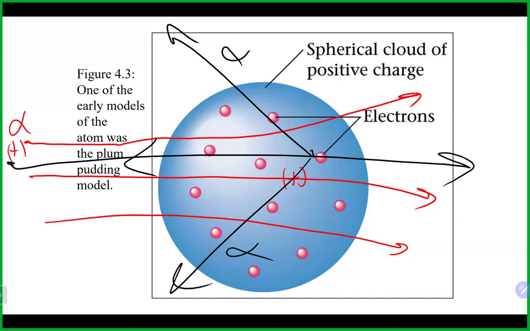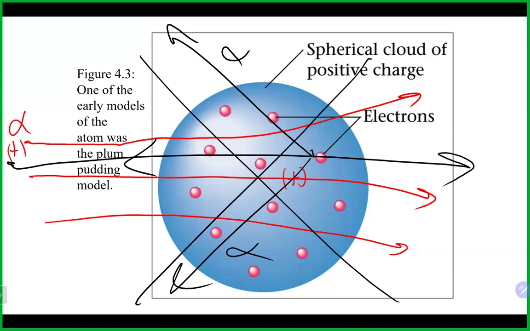That made him think that maybe this model is not so correct. Clearly there's some reason why that happened, and he had to go back to the drawing board of the atom based on his findings. So one of the things we should think about is, if these alpha particles went through undeflected, no problem, just sailed right through, what did they hit?